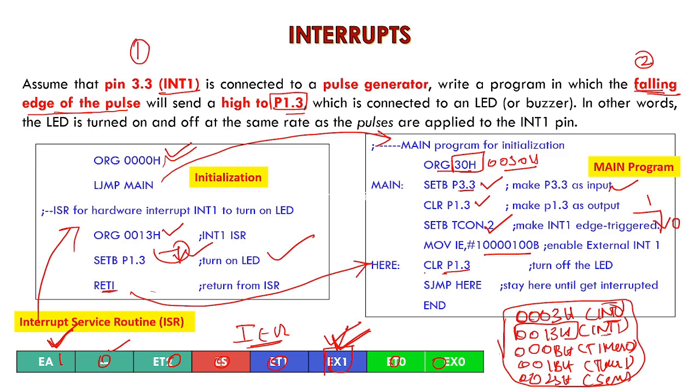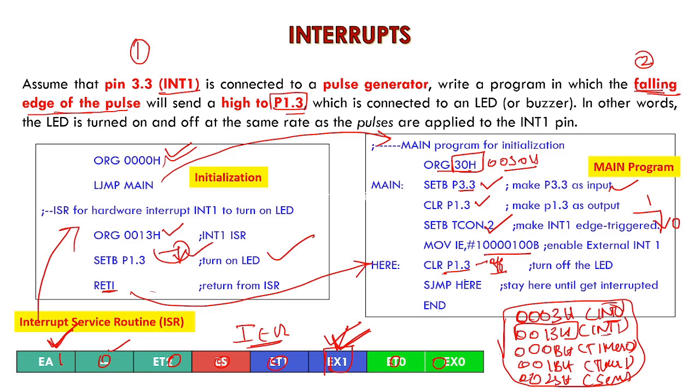So I'm repeating again, it is in the main loop, right? We want to ensure that the LED is off when it is not handling an interrupt. When you have an interrupt, it means you are pressing. When you press only, this LED will glow. If not, in the main program we want to ensure that the LED is off, right?